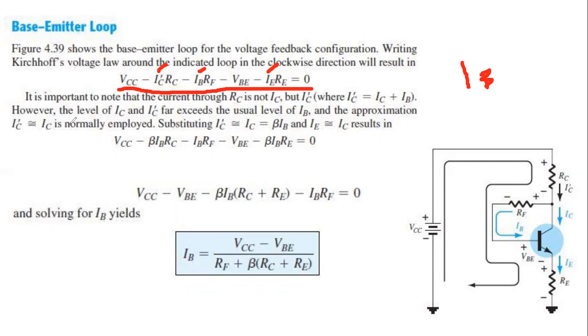Interesting thing is that here, this IC prime is not exactly equal to IC, but still, as you know that IB is too small, we can take this IC prime equals to IC.